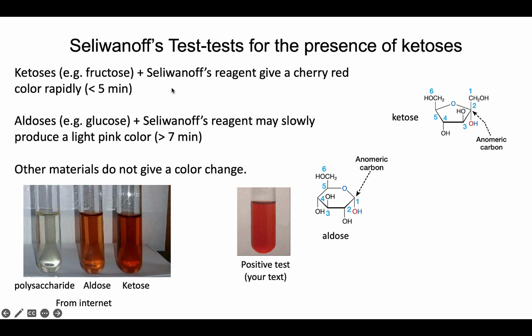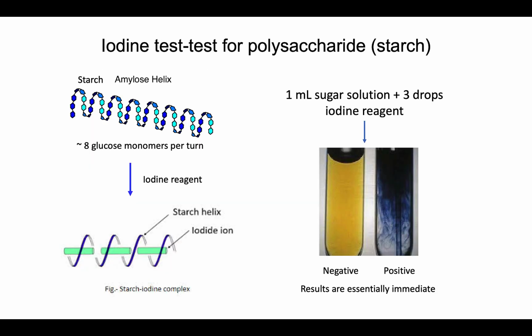So if a ketose is present, then when it reacts with Seliwanoff's reagent, it will give a cherry red color that will happen pretty rapidly. So it'll look something like this, whereas aldoses will react much slower with the reagent and produce a light pink color. And other materials will not give a color change.